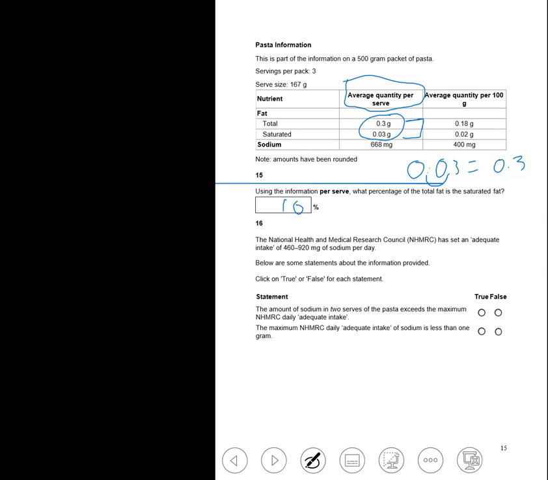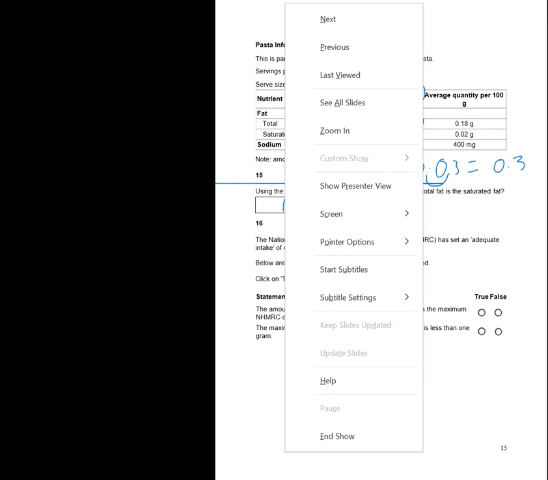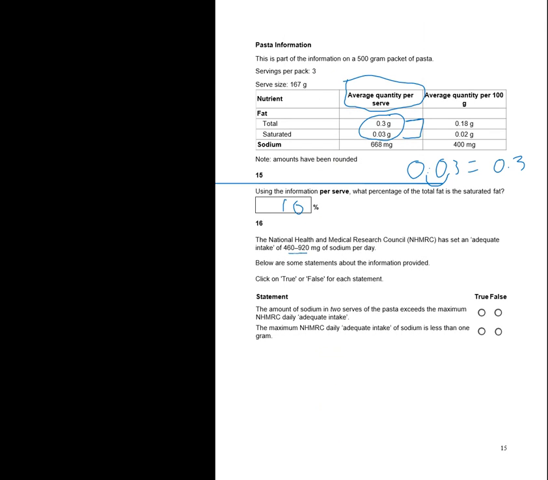And for question 16, the amount of sodium in 2 serves of the pasta exceeds the maximum daily adequate intake. So our daily adequate intake, they've given us a range. They've given us from 460 to 920, and we're going to have a look to see how that compares with the sodium in 2 serves.